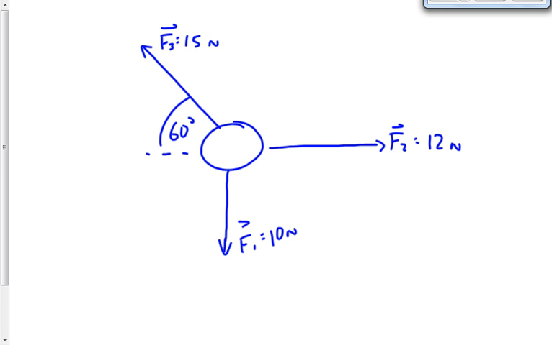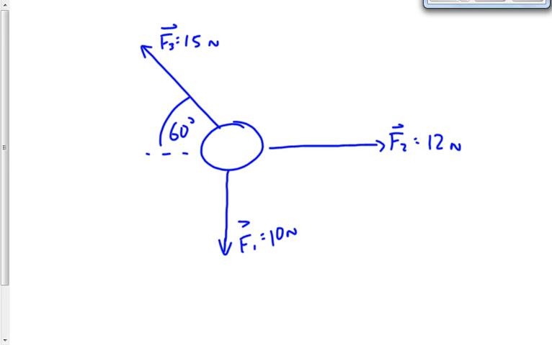So it's your bag of Halloween treats, your bag of toothbrushes and gum, if you go to the wrong neighborhood, right? What's the net force acting on this Halloween bag that's being pulled on by three different people in three different directions?